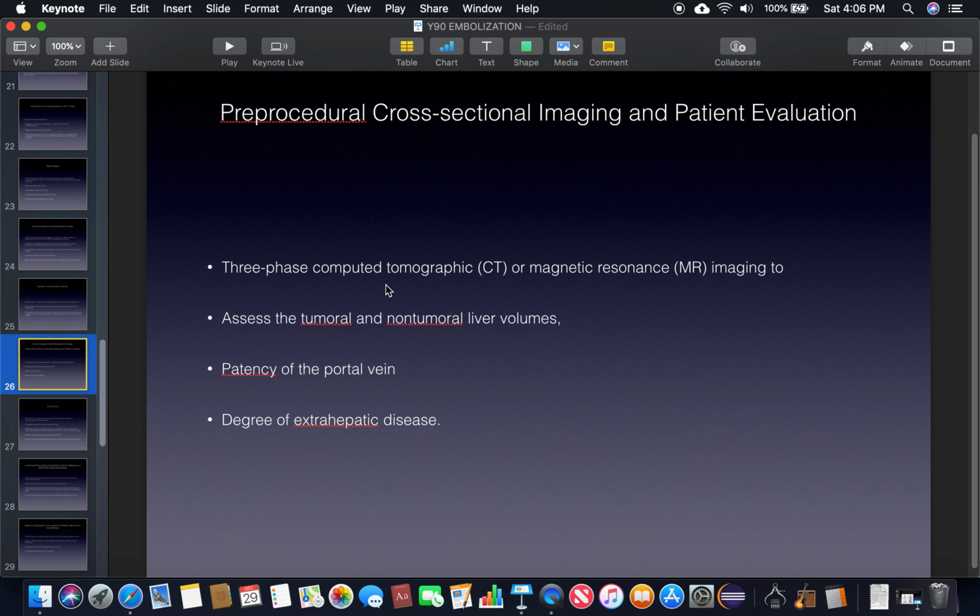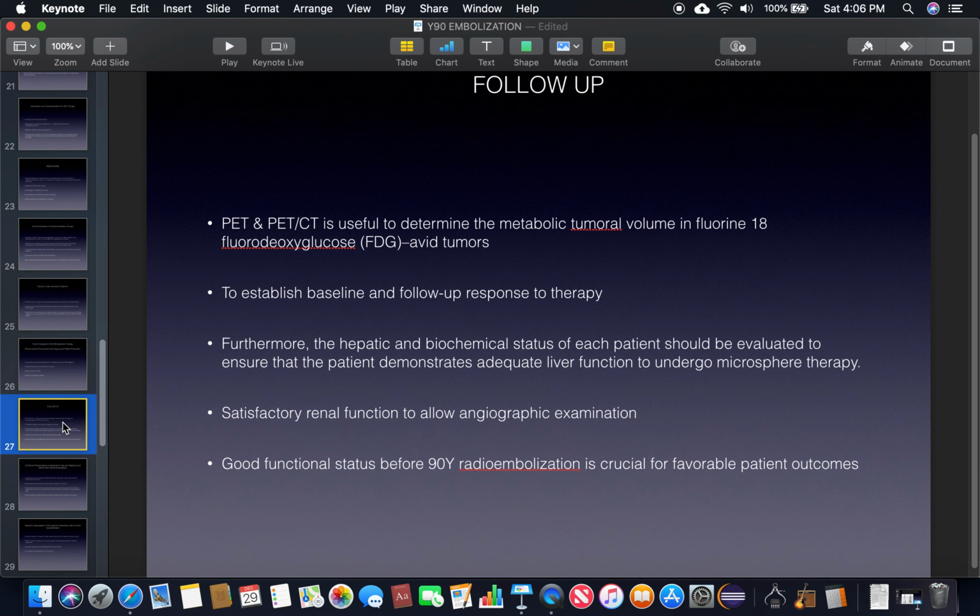We want to make sure after the treatment we do a three-phase CT scan or MRI and assess the tumor and non-tumor liver volumes, patency of the portal vein, and degree of extrahepatic disease. I beg your pardon, this is a pre-procedural evaluation. Now, follow-up can be done with PET and PET-CT.